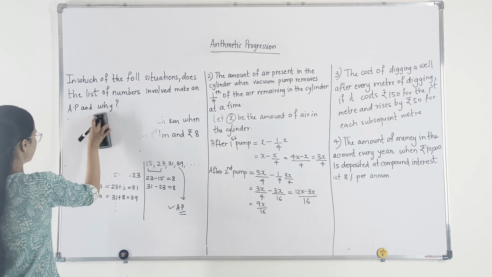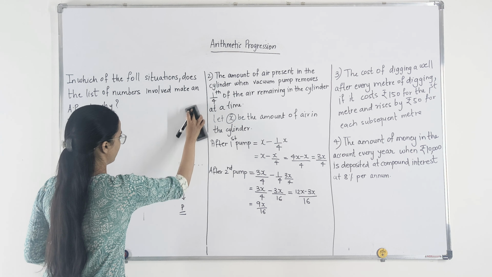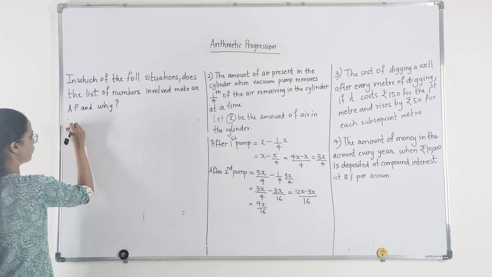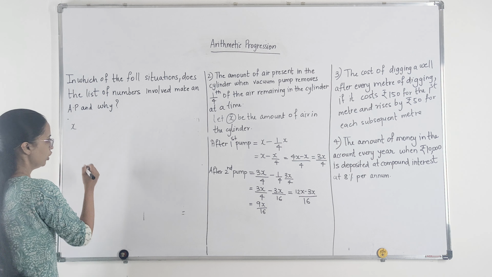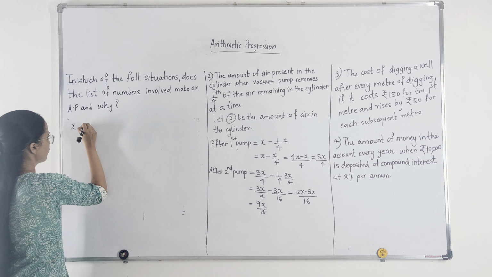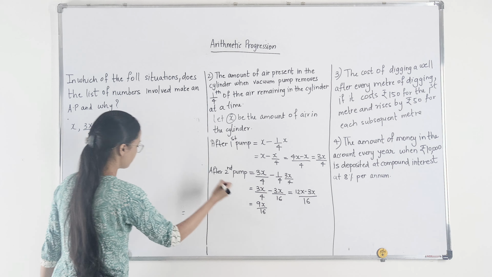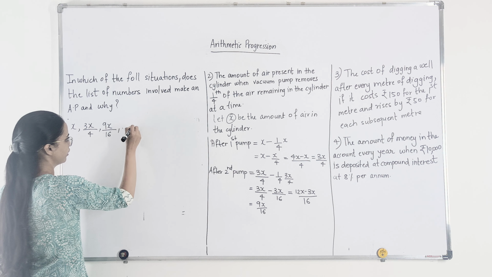So the resultant sequence that we would get in this case would be: first I have taken the entire amount to be x. उसके बाद what we get is the leftover is 3x upon 4. Then we would be having 9x upon 16 and so on.